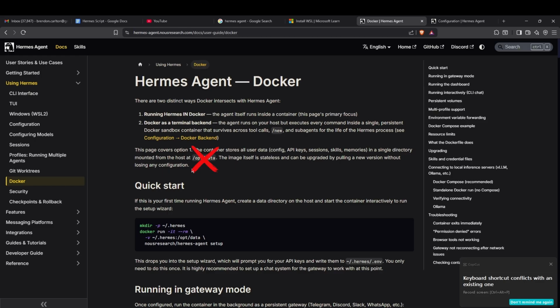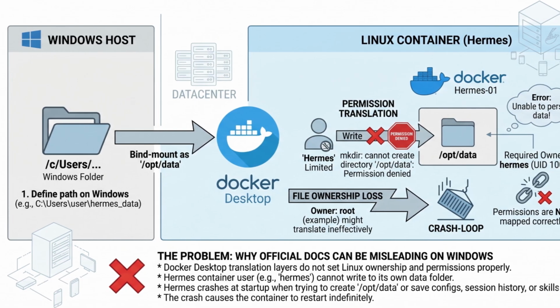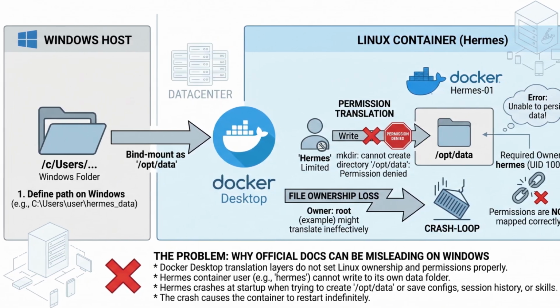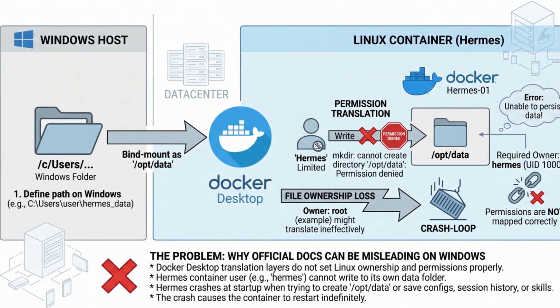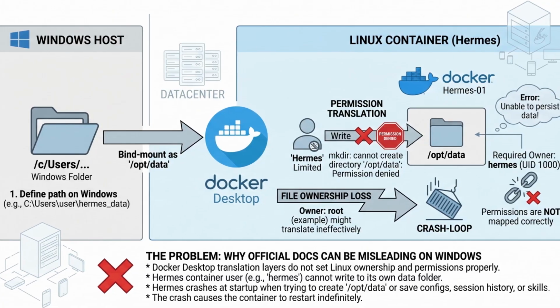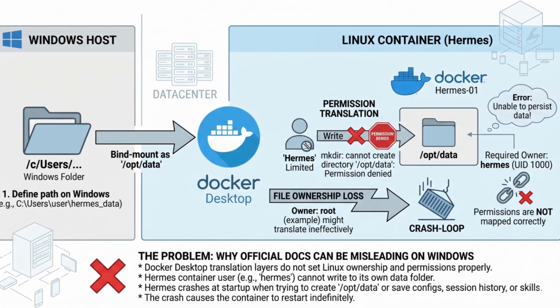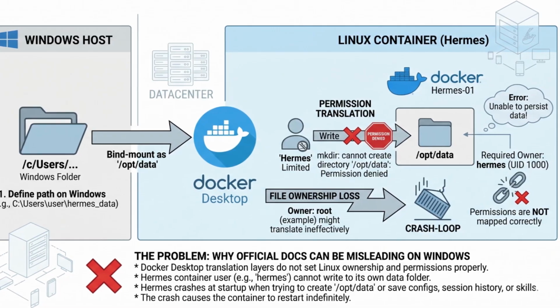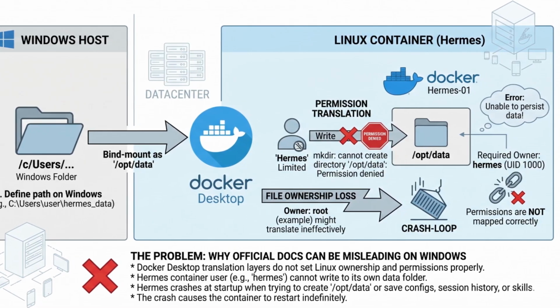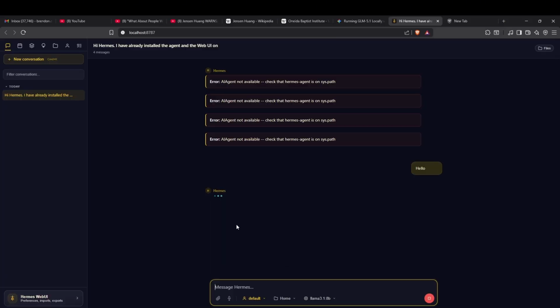Don't do that. Here's why. When Docker Desktop for Windows mounts a Windows folder into a Linux container, it uses a translation layer that doesn't properly set Linux file ownership. The Hermes user inside the container can't write to its own data folder. You'll see this error: mkdir cannot create directory /opt/data, permission denied, and the container will crash loop forever.